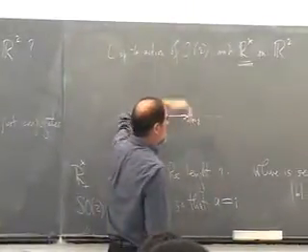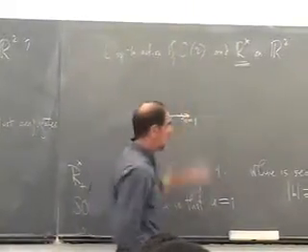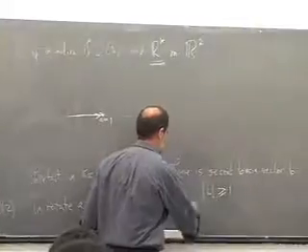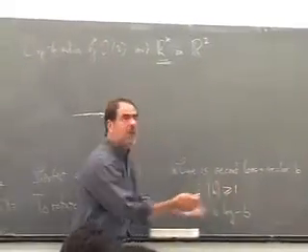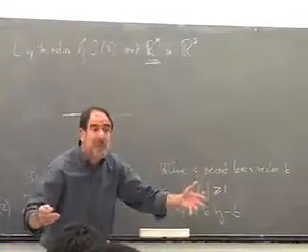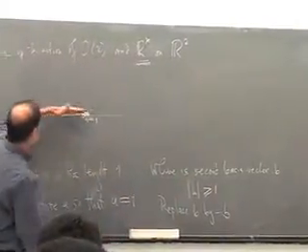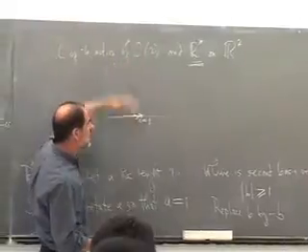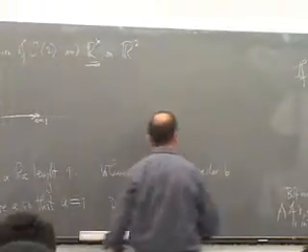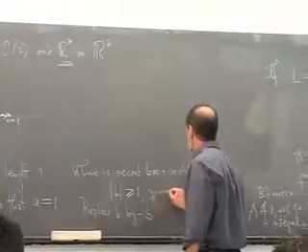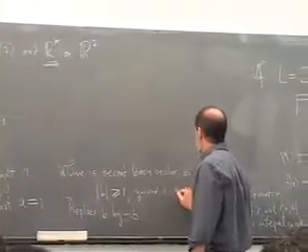And we can also replace b by minus b, which gives the same subgroup, to make sure that its imaginary part is positive. We know its imaginary part is non-zero. I'm sorry, its second coordinate, the y coordinate, is non-zero.